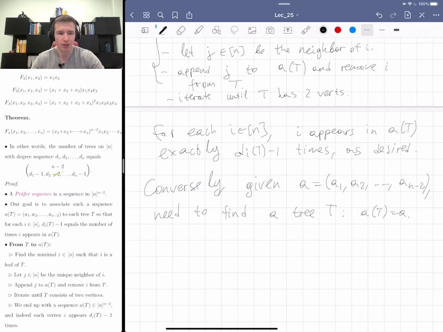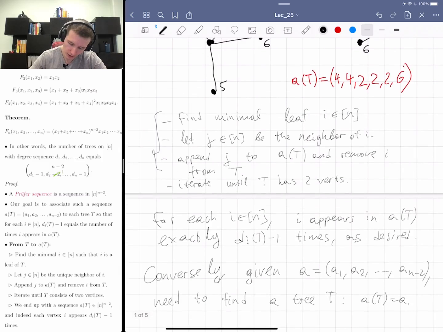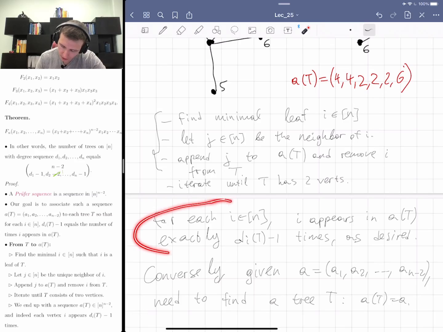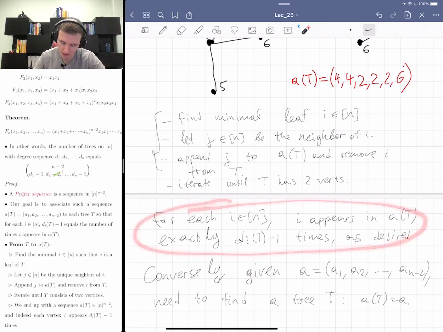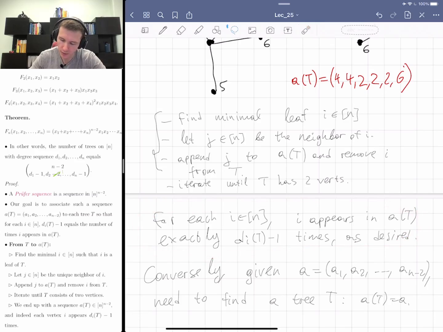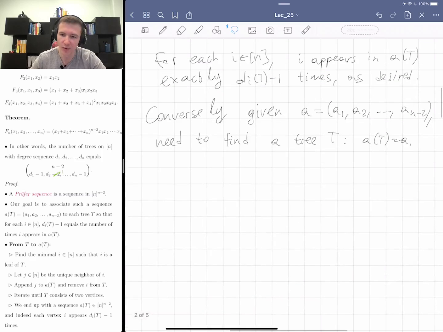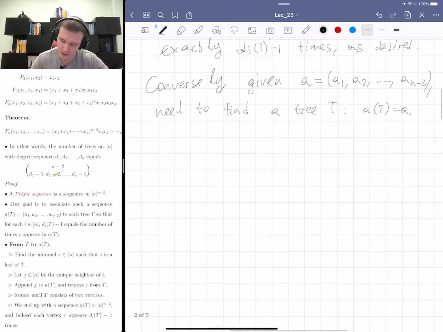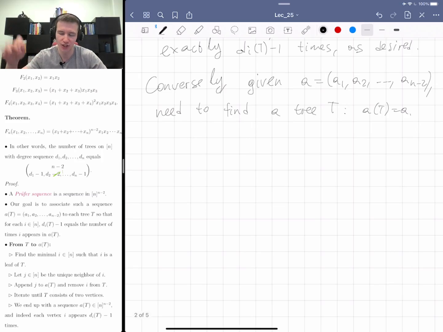The key observation is the one we just made. Let's say you give me a sequence. Can somebody give me an arbitrary sequence of numbers? Let's try an actual experiment. Just write down in the chat a bunch of positive integers.